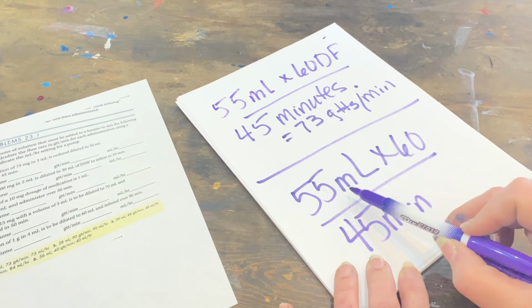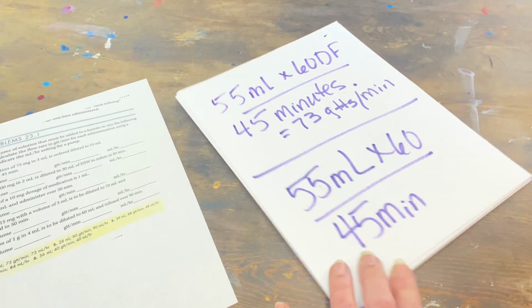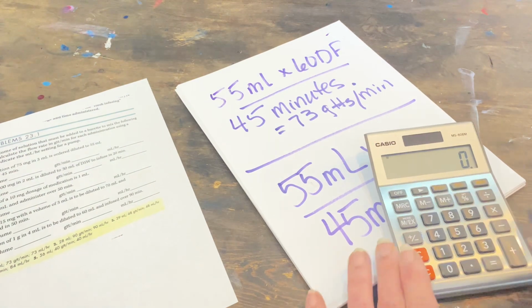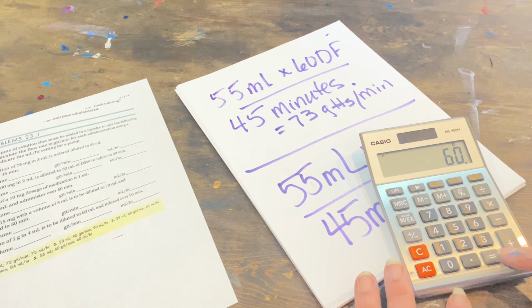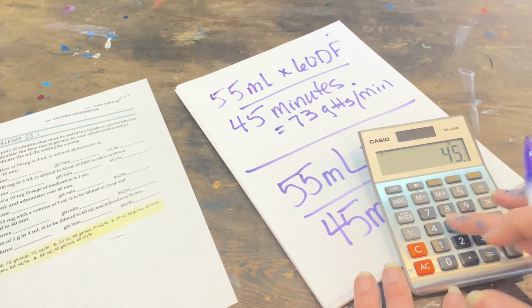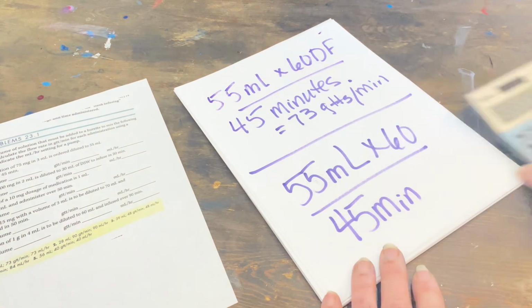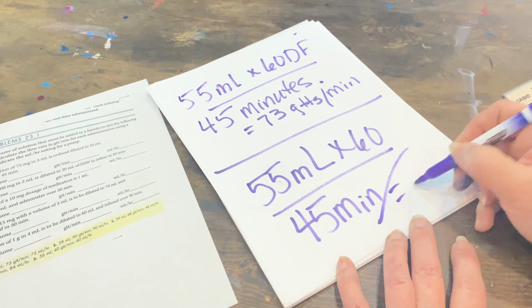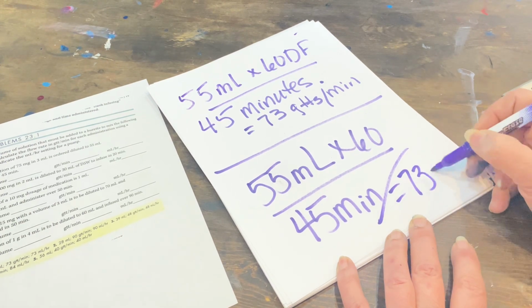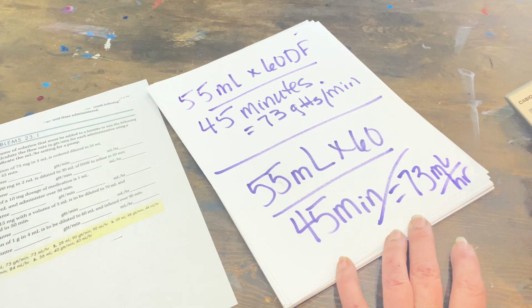So you're going to do all this math and then divide it by that. So it is 55 times 60 equals, divided by 45, and it's going to be 73 milliliters per hour.